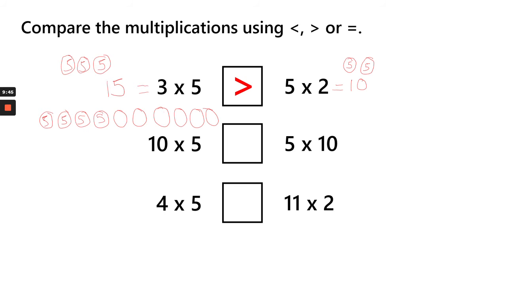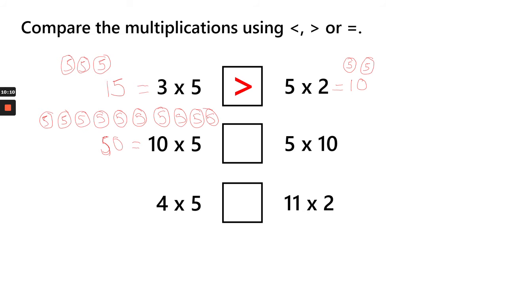Let's count our counters of 5 using our 5 times table knowledge. 5, 10, 15, 20, 25, 30, 35, 40, 45 and 50. We know that 10 times 5 is 50.